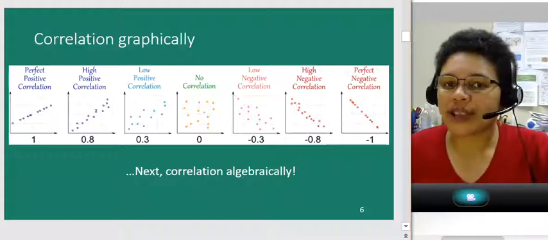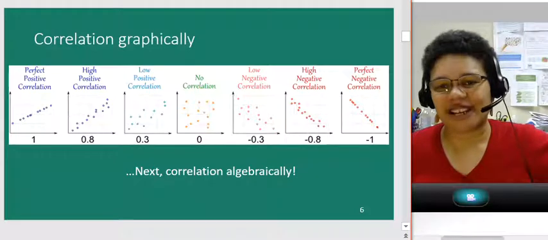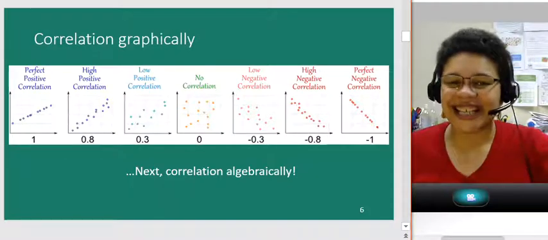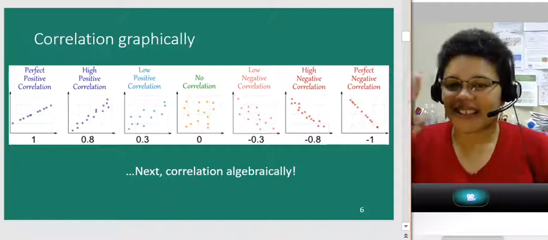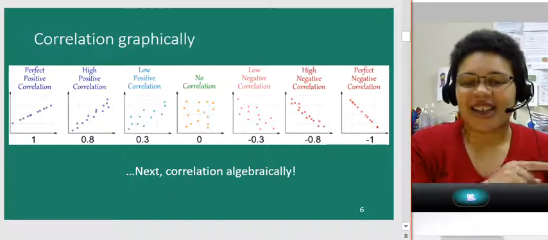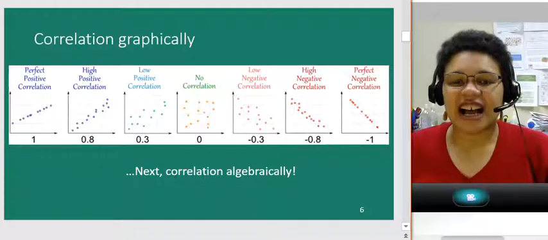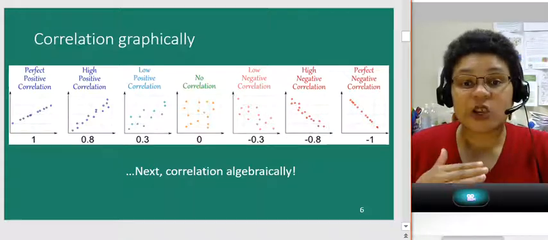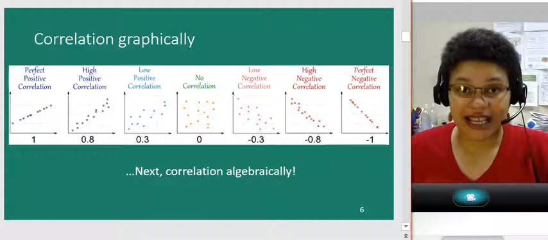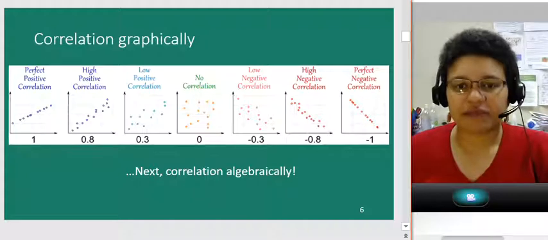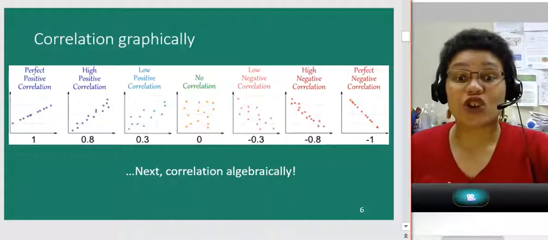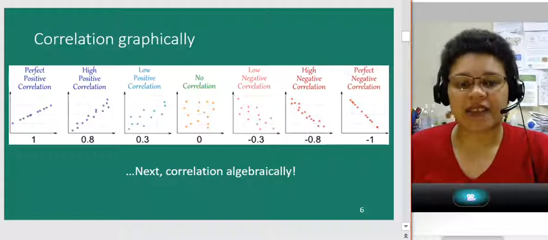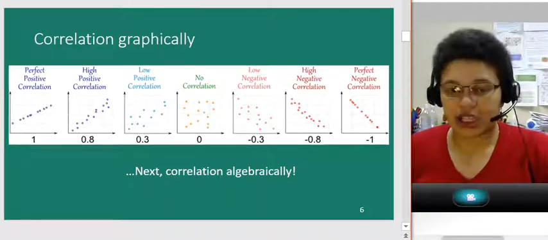Low negative correlation, it looks like the line is going downhill. Okay, the line is going down, and that means that as x goes up, y actually goes down. High negative correlation means you can really see the line, that as x gets higher, y is getting lower.